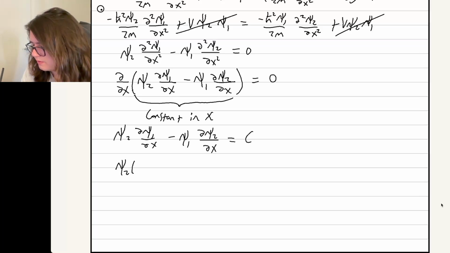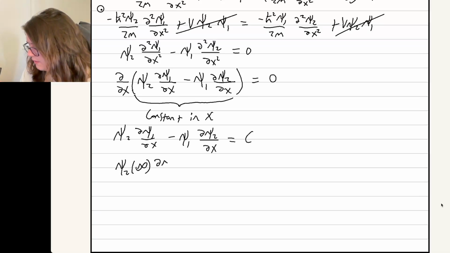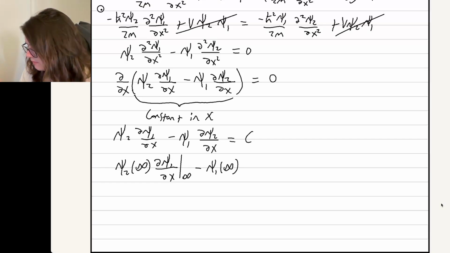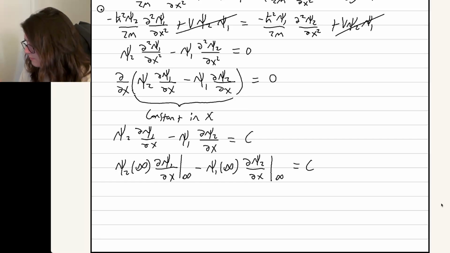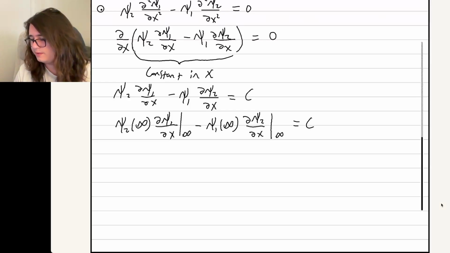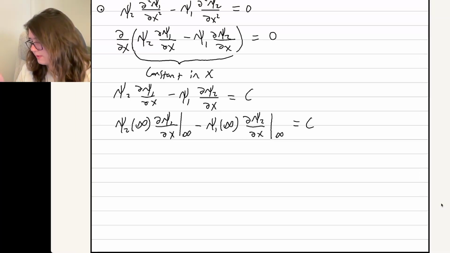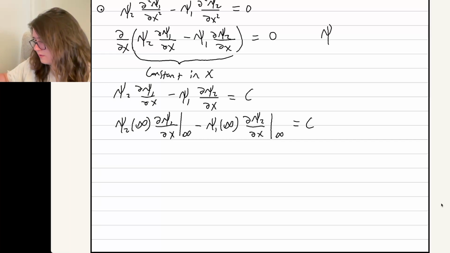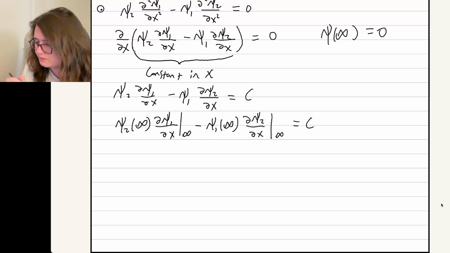So let's plug infinity into these guys. We've got psi2 dpsi1/dx evaluated at infinity minus psi1 of infinity dpsi2/dx at infinity should still be equal to c. But now on the left-hand side, we just have a bunch of zeros because wave functions at infinity always go to 0, and so do the derivatives.